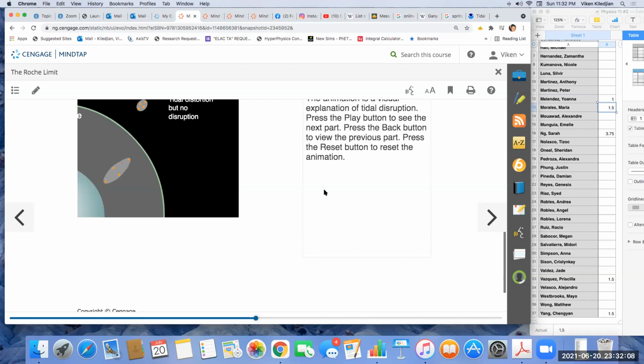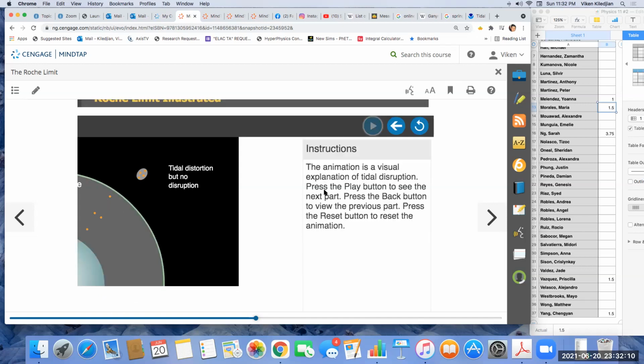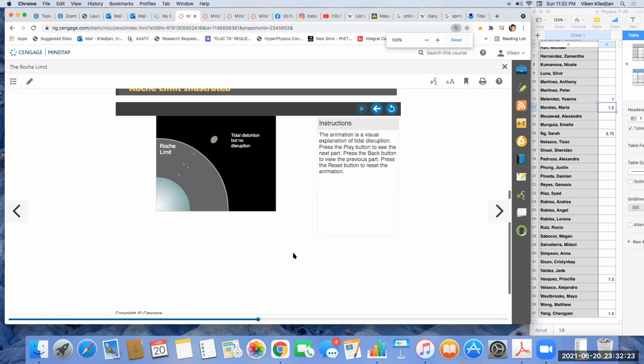Oh, I see. Then you see how the one broke into pieces? Let me go back. Focus on there. So it basically, hold on, let me minimize it.